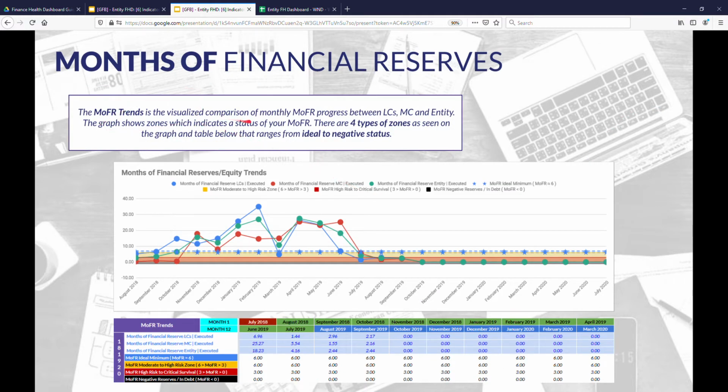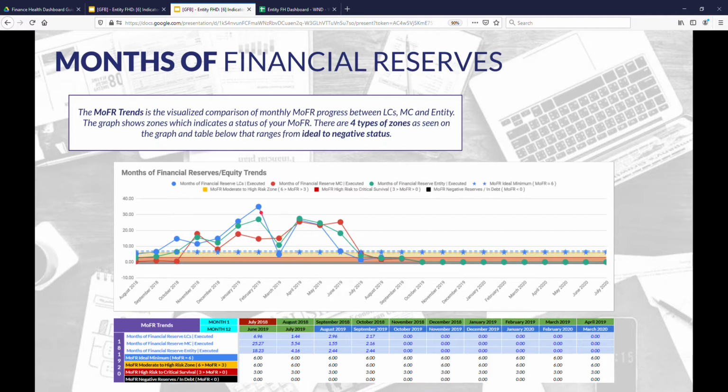MOFR trends is a visual comparison of the months of financial reserves progress of LCs, MC, and entity into four different zones from ideal to negative status. In each of these zones there are different colors: blue, yellow, red, and black. Each LC, MC, and entity has its own line. The line graphs are the LC, MC, and entity results, while the areas at the bottom are the zones.